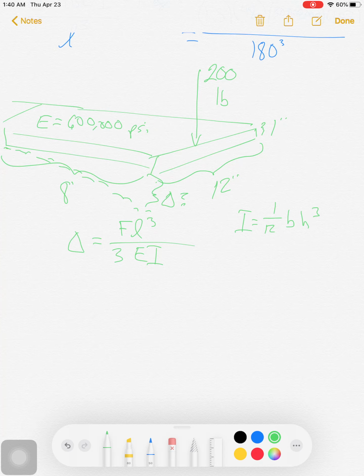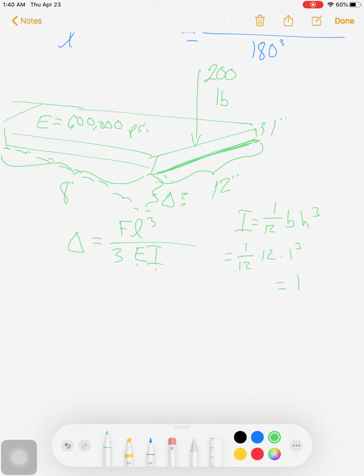In this situation, since the force is coming down, our 12 measurement this way is perpendicular to it, so that's our base. So that's 1/12, 12 times 1 cubed. And we can see that that's just going to be 1.